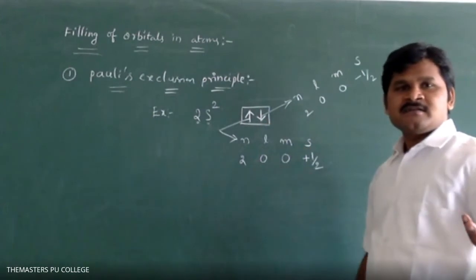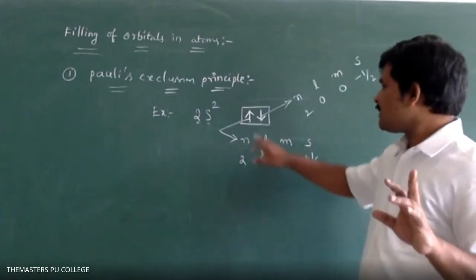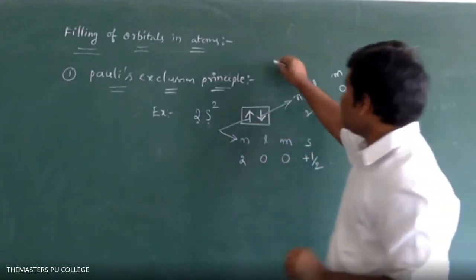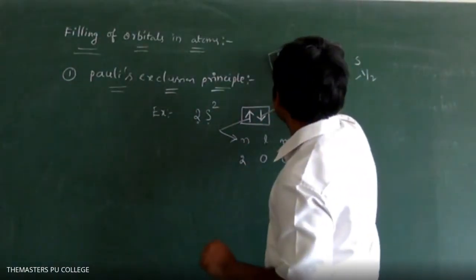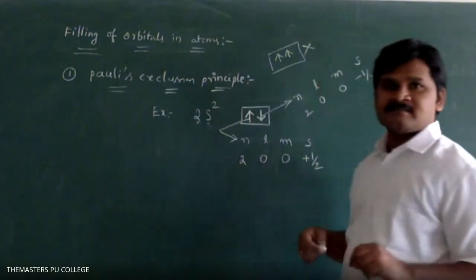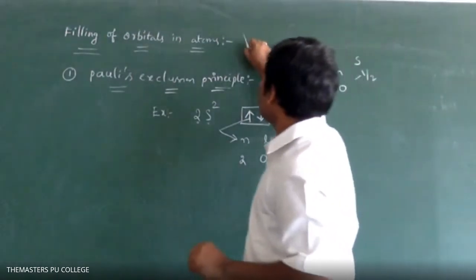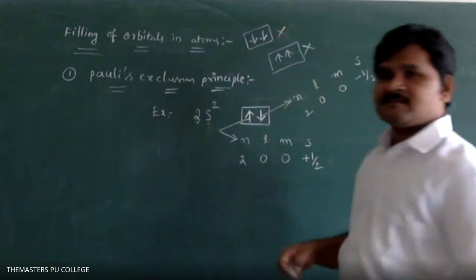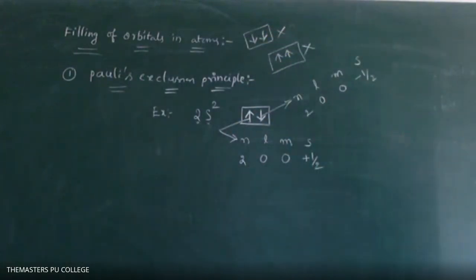But while writing 2 electrons, compulsorily they should be in opposite directions. If you write both the same way, it is not correct. Compulsorily we have to write in opposite directions.